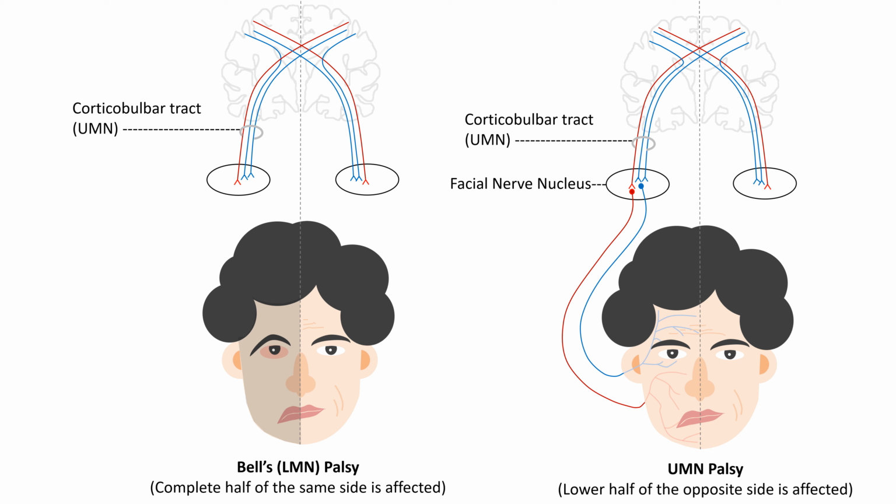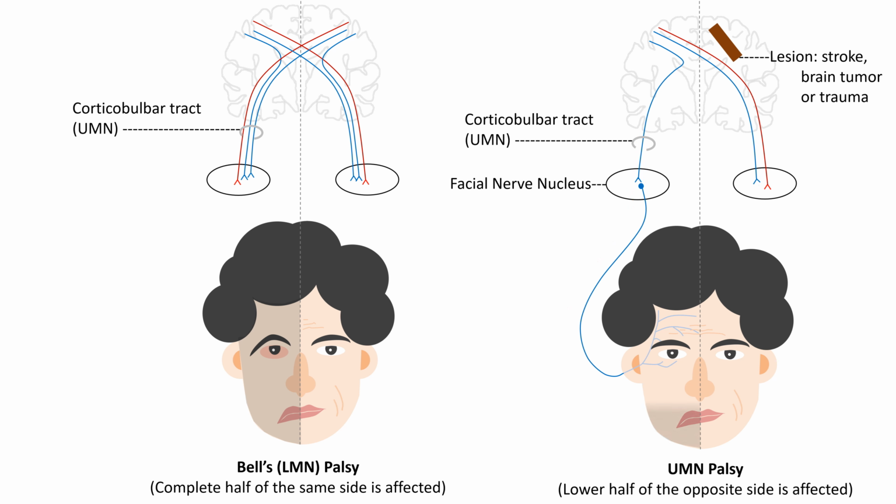How? Let's see. Here, the corticobulbar tracts, that is upper motor neurons of facial nerve, can get lesion due to stroke, brain tumor or trauma, which causes loss of nerve supply to the lower face on the opposite side of the lesion, whereas the major upper facial muscles, frontalis and orbicularis oculi, will still have innervation from the ipsilateral hemisphere.